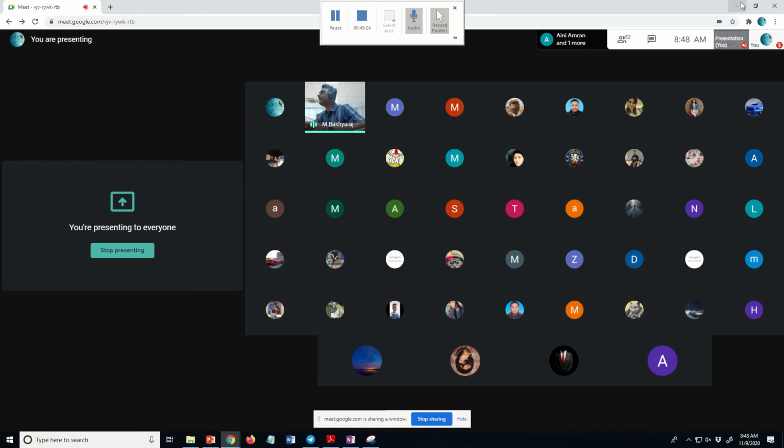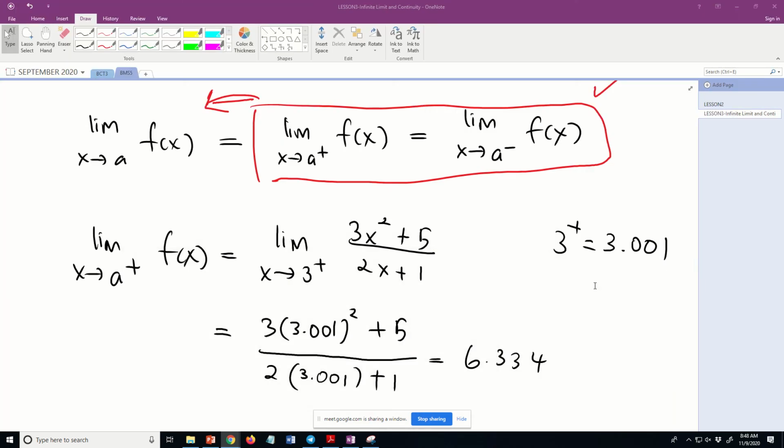Thank you, Muhaimin. Muhaimin gave the answer 6.334. Does anyone want to argue with this answer, or are you happy with it? Is everyone okay, or do you have a different answer?